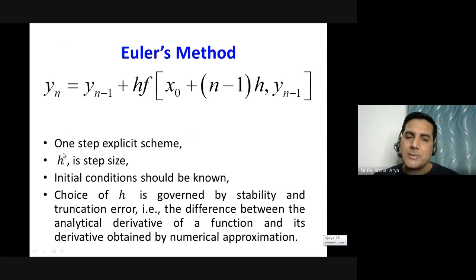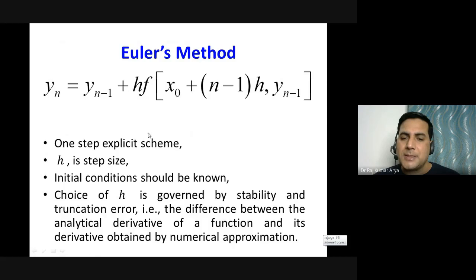Small means practically small, not just in words. It should be small enough that the h squared term of the second order derivative in the Taylor series expansion becomes negligible. So h is the only governing factor, and what should be the value of h?